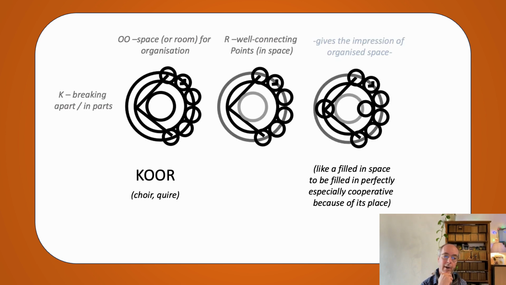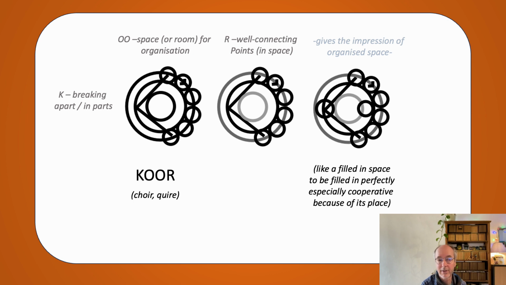KOOR, or choir, exists as well. This is a Dutch word, so you can see that the K is breaking things up in parts. You can see the parts at the O, in the organized space. But because of the R, they will be interconnected in space.